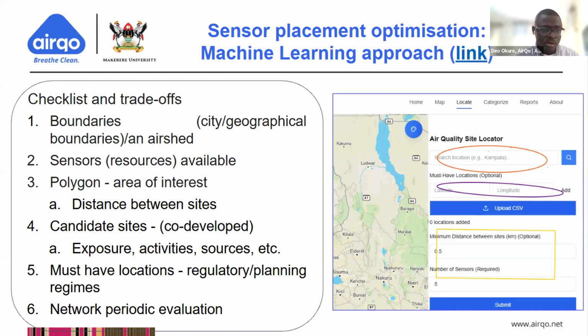Now, we always encourage that when we go to a city, again, to the earlier point that lots of cities still don't have, they're yet to see their first data point or their first continuous monitoring setup.